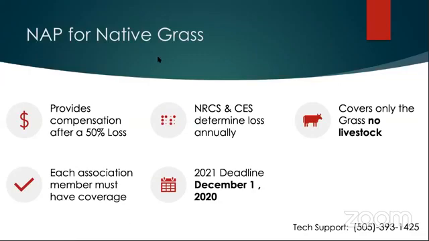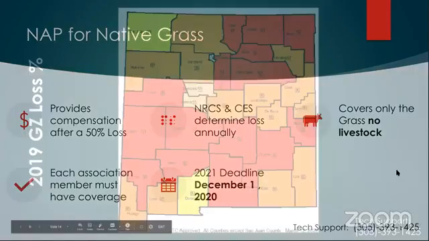Like I said before, with this program you need to have the coverage before the growing season starts. So the deadline is December 1st. We're already way past the deadline to get coverage for 2020, but the deadline for 2021 is December 1st of this year. So let's go to the next slide.